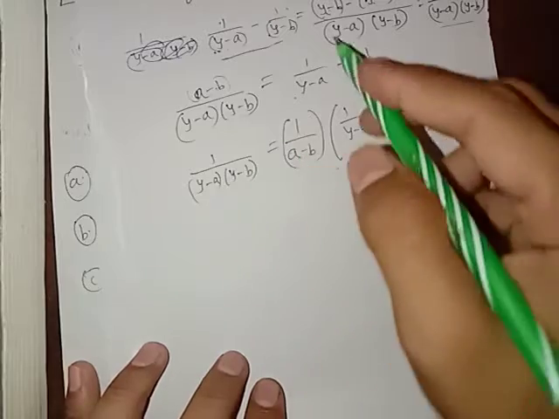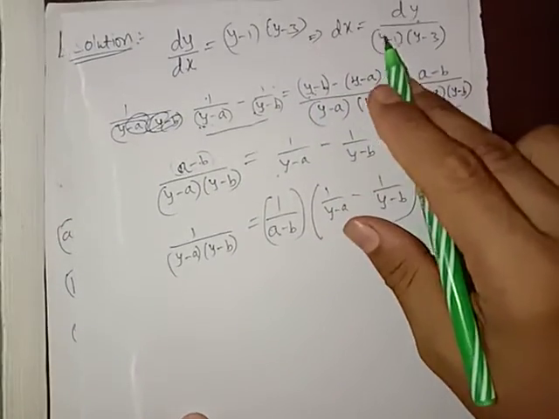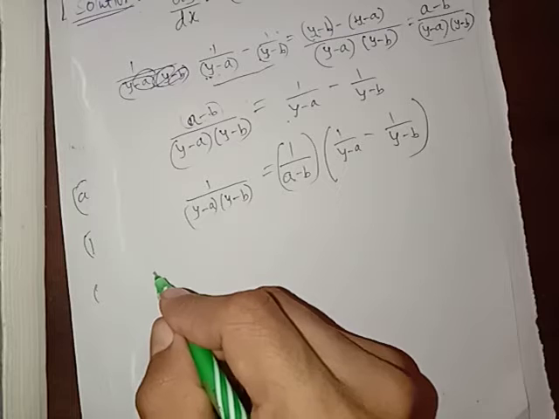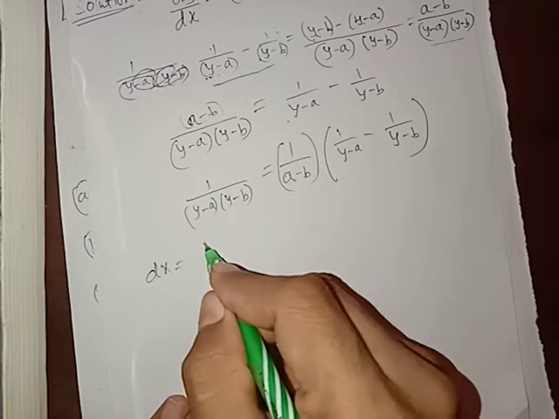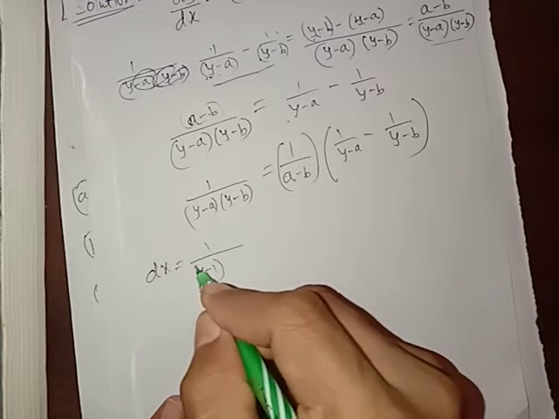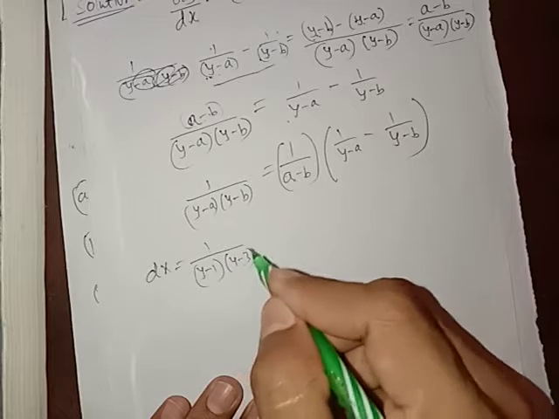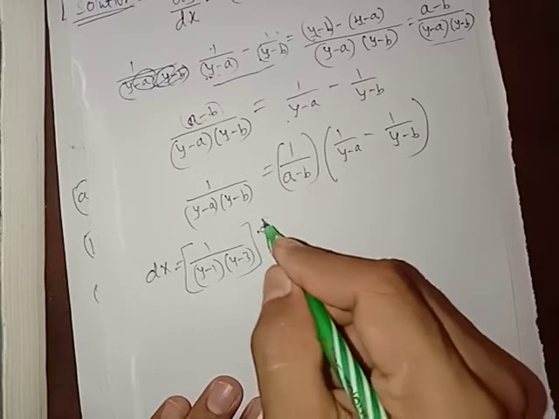Now how can we write this in the same manner? We have dx is equal to 1 divided by y minus 1 into y minus 3 into dy.